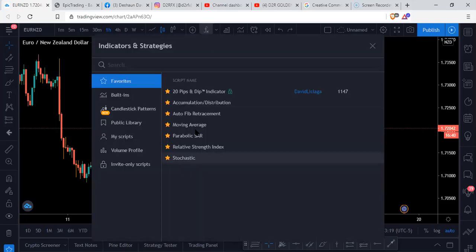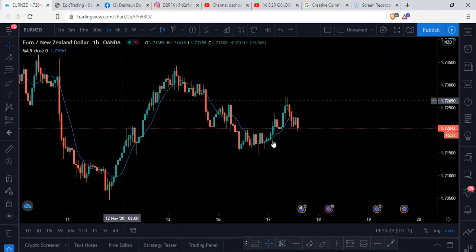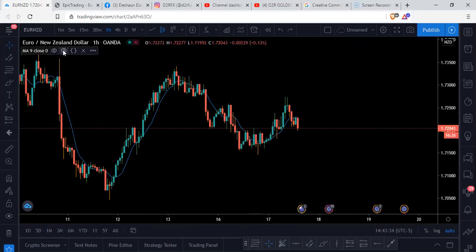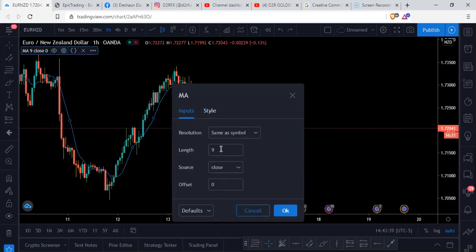First we're gonna start out with the moving average. This blue line represents the average of each candle, and I'm gonna explain it to you. Say we put 50.